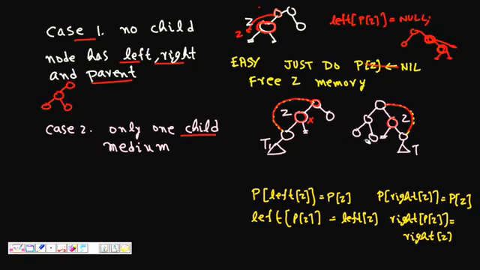In fact, it can have one child on either side. In both cases, if this node has a right child, then that child would become the root of this right subtree.